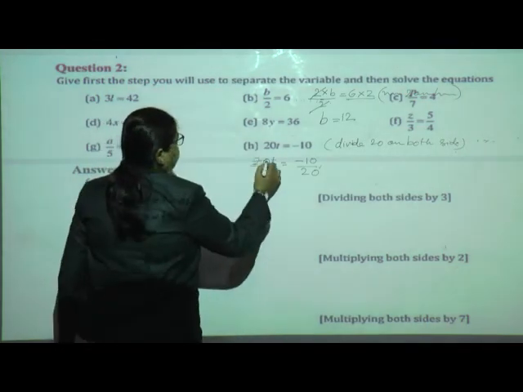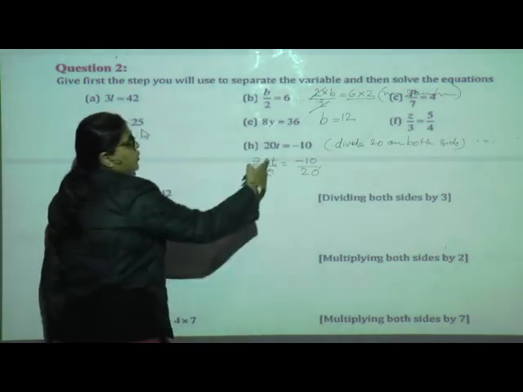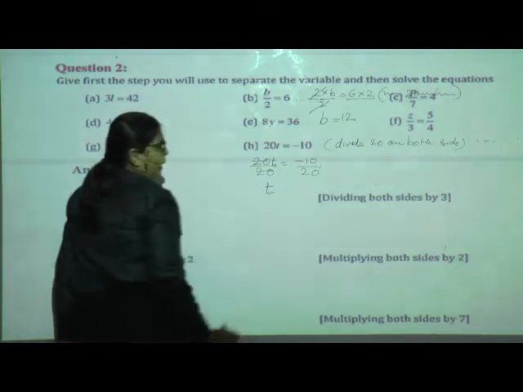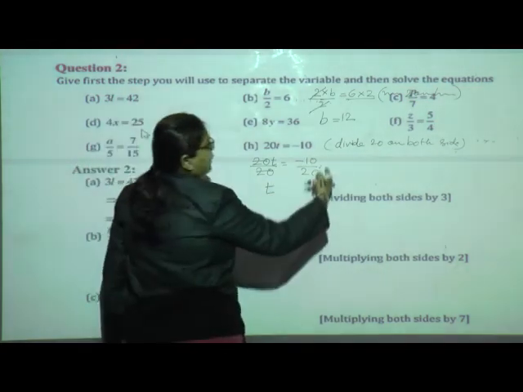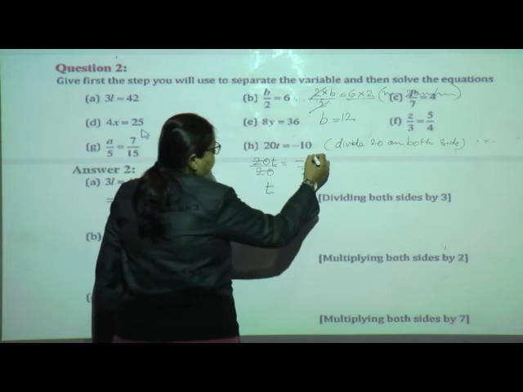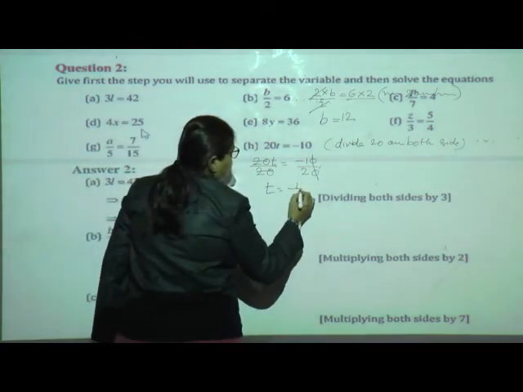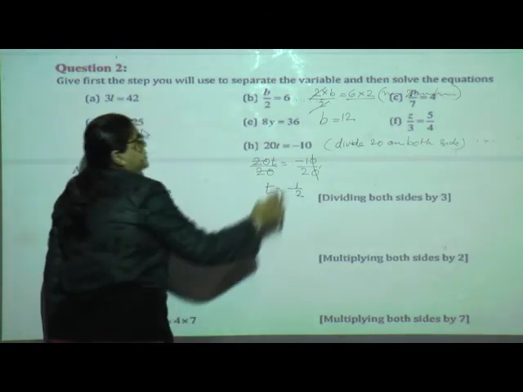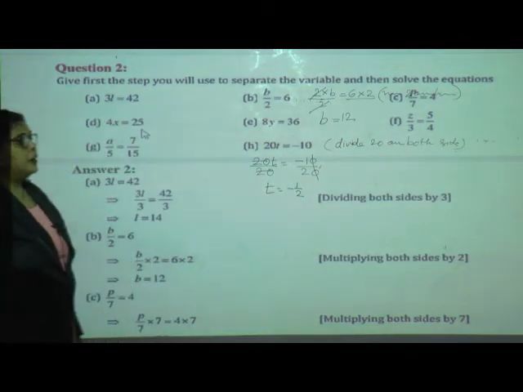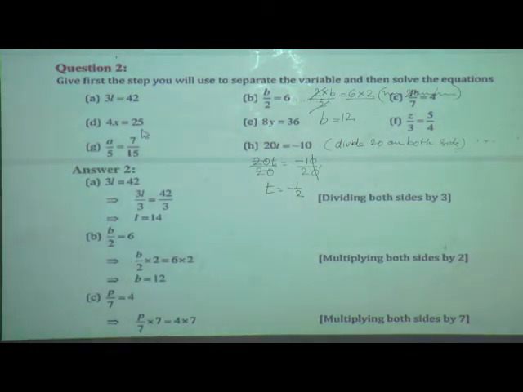Here 20 gets cancelled. We got a variable t. Here you know very well this division, you can get 0 cancelled, t is equal to minus 1 upon 2. Please take care of the sign. If it is a minus, everywhere you have to put a minus sign, or we can say negative.